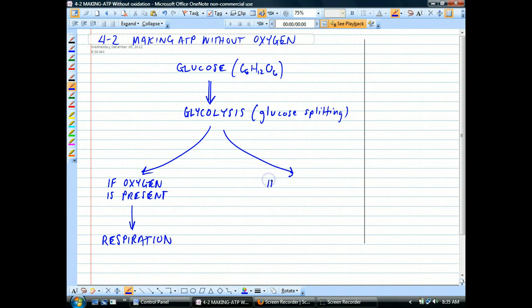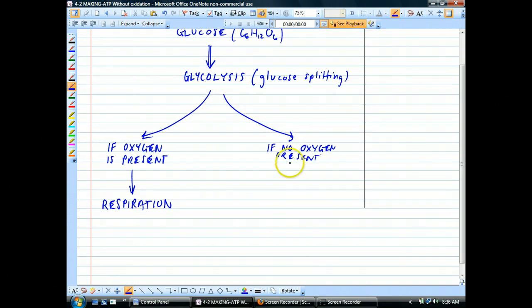If there is no oxygen present, then there's two options. All right? We've got two options. We have lactic acid fermentation. I mentioned this briefly last time.